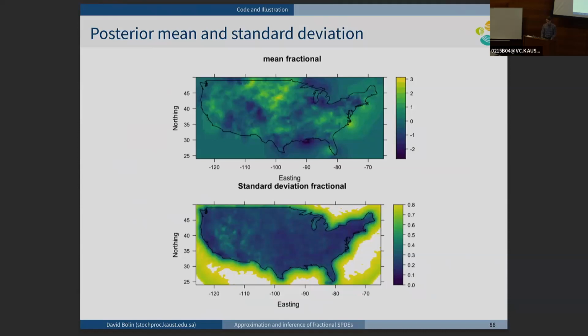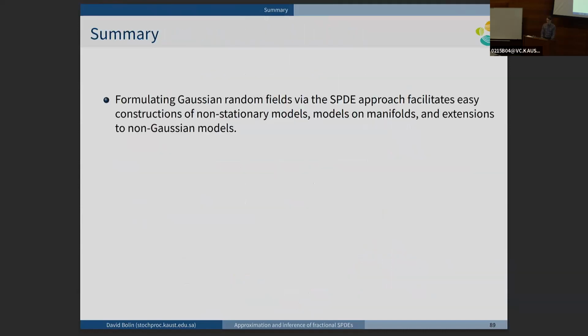All right, so that was about it. In summary, formulating these Gaussian random fields via this SPDE approach is highly beneficial because it facilitates easy constructions of non-stationary models.